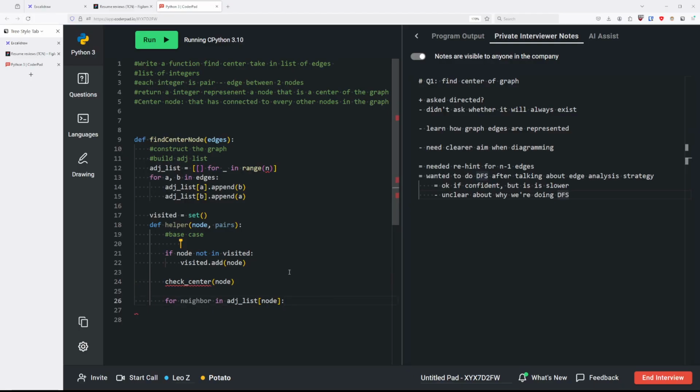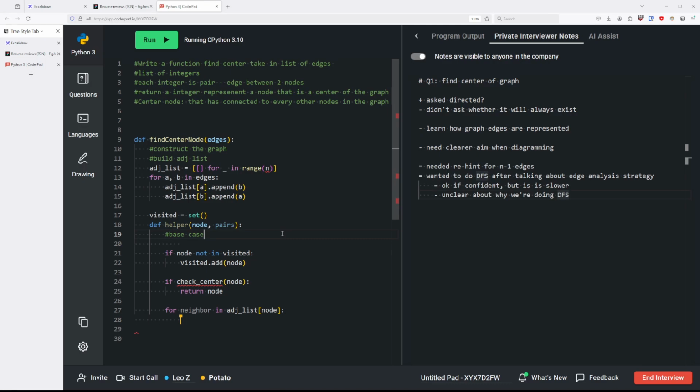Can you implement check center? If check center, return node. Okay, for check center we just return node. So the check center function would return a Boolean value, right?